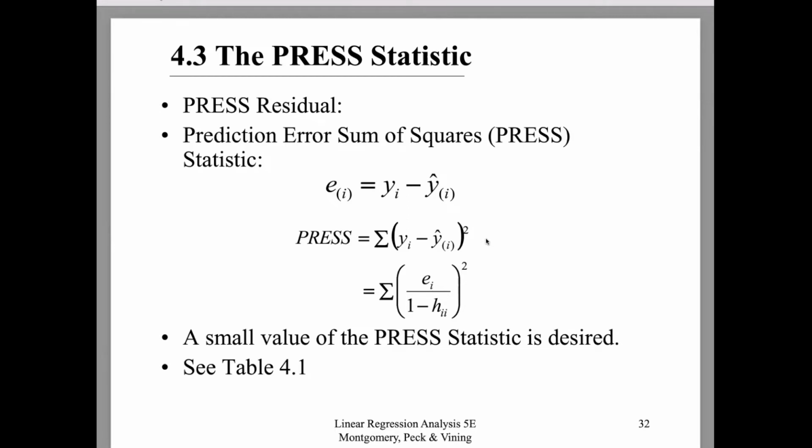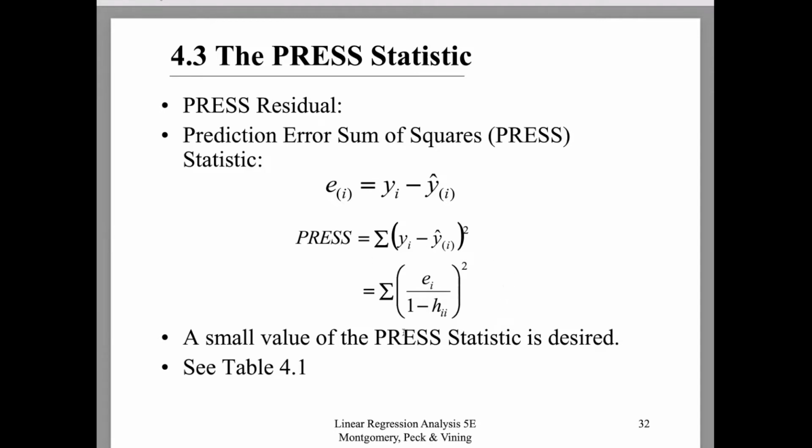Once you have those leave one out predictors, you calculate the PRESS residuals, and then you could calculate the PRESS statistic by squaring those PRESS residuals and then adding them up. But we also talked about how you don't actually need to go through that process, although it is useful to think of it from that standpoint, at least at a conceptual level.